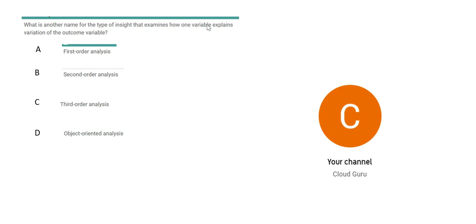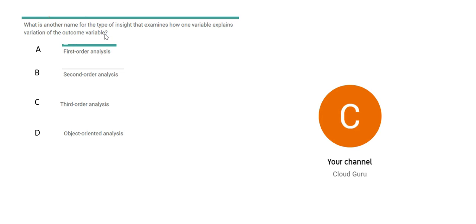If you include a range of products instead of just having two or three products, how will that explain the variation of the outcome variable, which is probably say sales of the products, or revenue generation from a particular region.